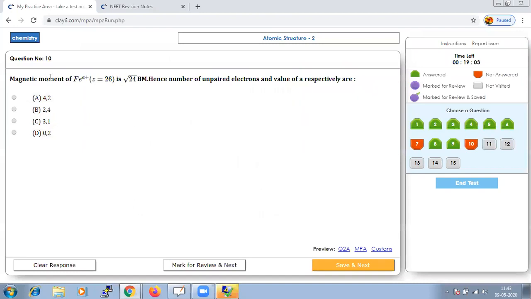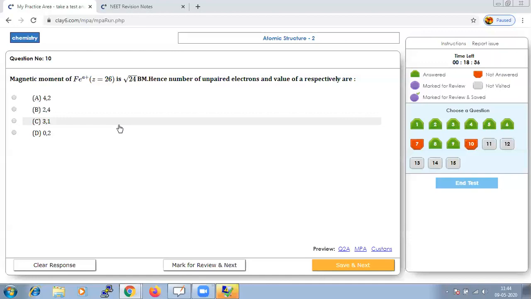Next, magnetic moment of FeA plus is root 24. They have given this, hence you need to calculate the number of unpaired electrons and the value of A. Do not get confused about what the value of A is, because they have used Fe A plus.